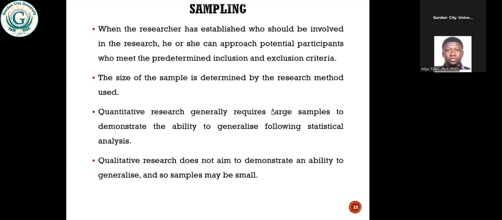sampling. So in multi-stage cluster sampling, after you've already grouped your population into clusters, then within the cluster that you've randomly selected, you will also want to randomly select individuals from it.